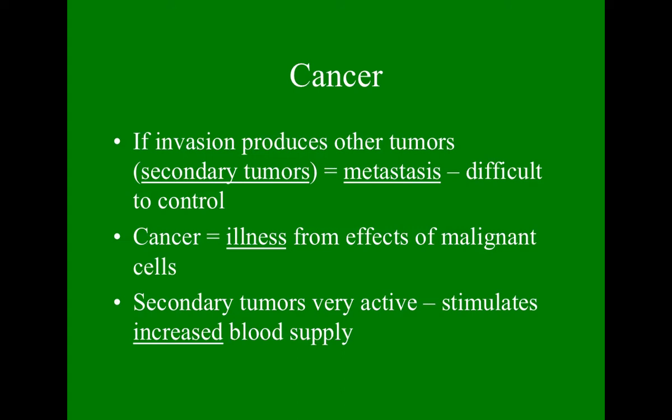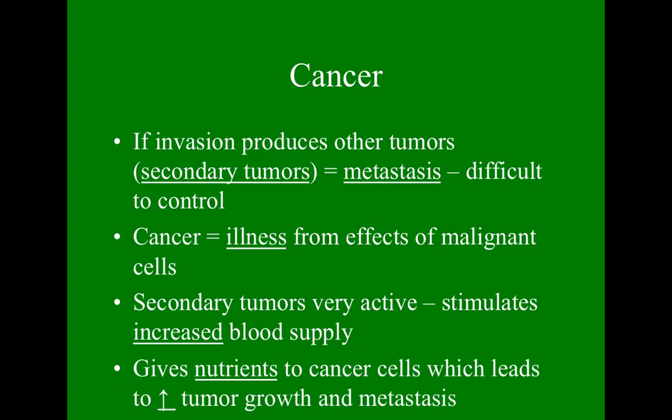So they hijack those things from the healthy cells: oxygen, nutrients, waste removal, all of that kind of stuff. And it can really impair the functioning of those healthy cells. This increased blood supply gives the nutrients, which leads to, the upward arrow means increase, more tumor growth and even more metastasis.